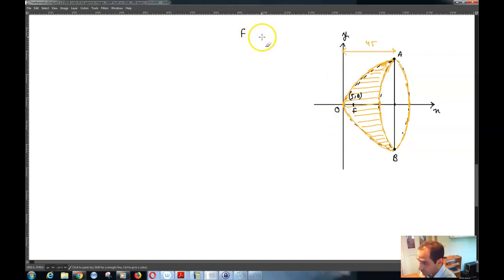So the focus is the point 5, 0 on the x-axis. So that means that your c is equal to 5. Okay. If the mirror is 45 centimeters deep, that means that you want to find the distance AB.